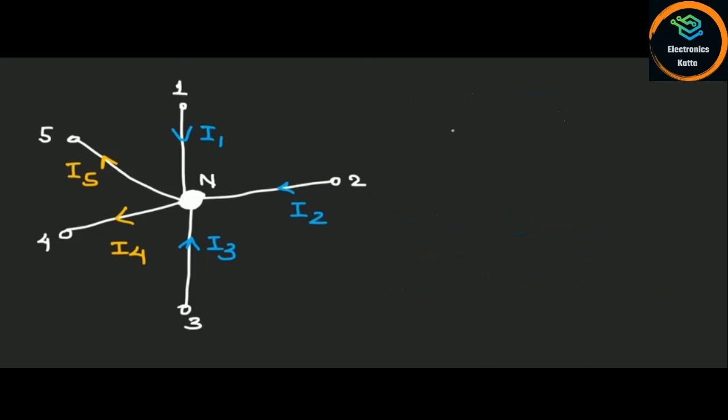Now, earlier we had seen that current I can also be defined as Q divided by T, that is, the rate at which the charge is flowing.